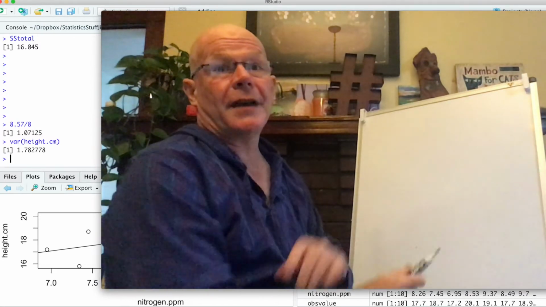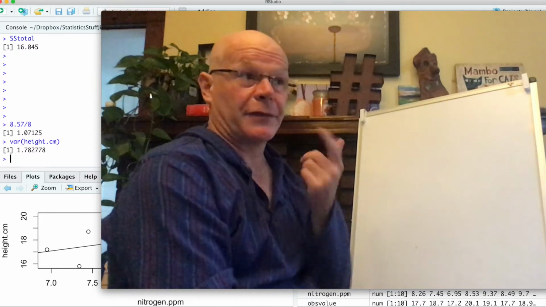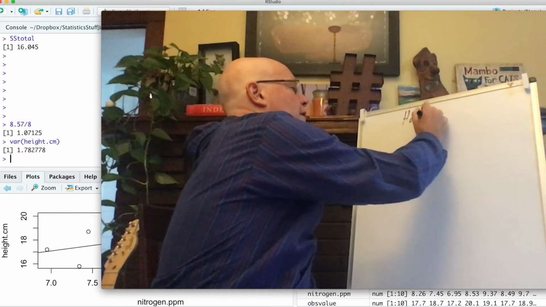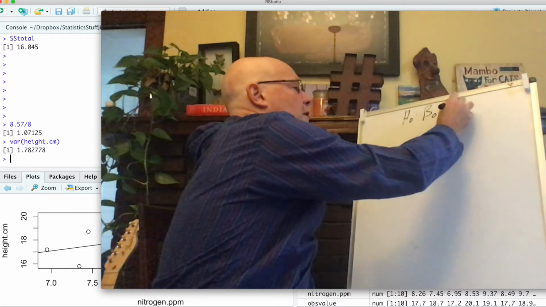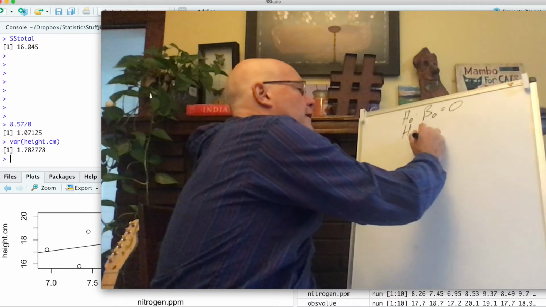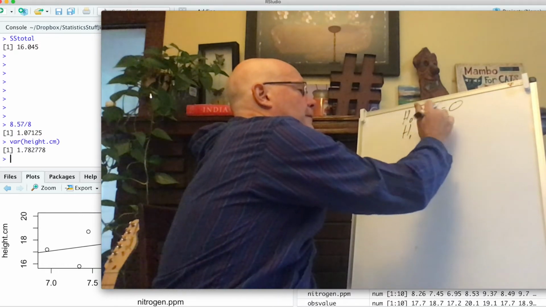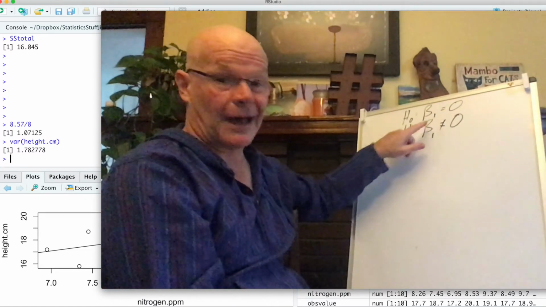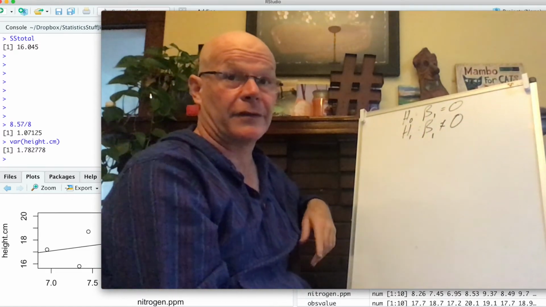What we can do to test the hypothesis about the slope, right? So again, our null hypothesis is that the slope is equal to 0. Our alternative hypothesis is that the slope is different from 0. Okay, that is our statistical hypothesis.